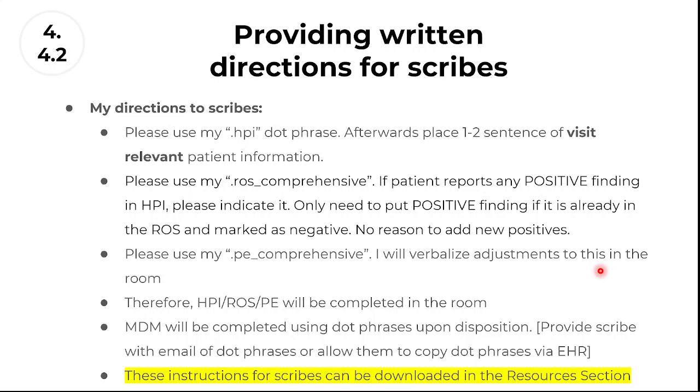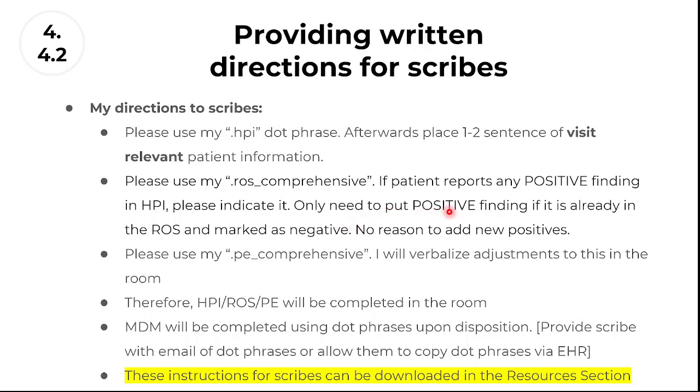So, in terms of providing written direction for scribes, this is exactly what I tell my scribes. We've gone through it. Please use my dot hpi dot phrase. Afterwards, place 1 to 2 sentences of visit relevant patient information. Use my ROS comprehensive. Only report positive findings.